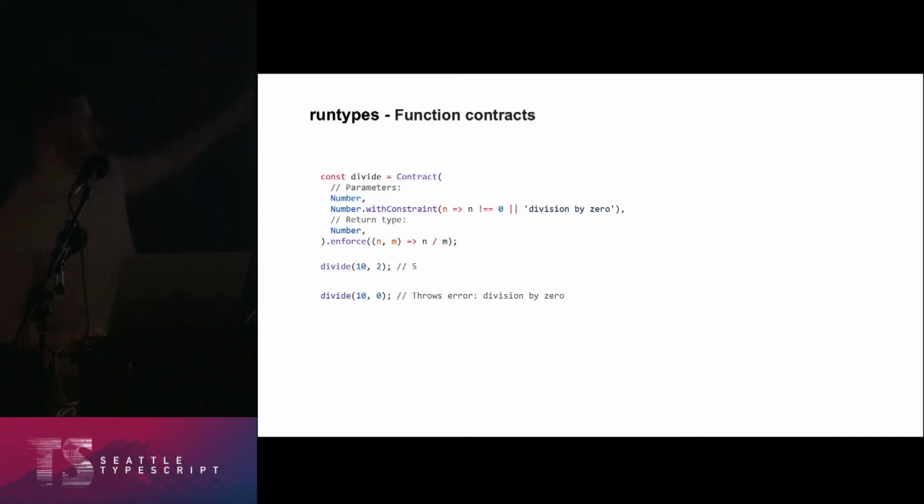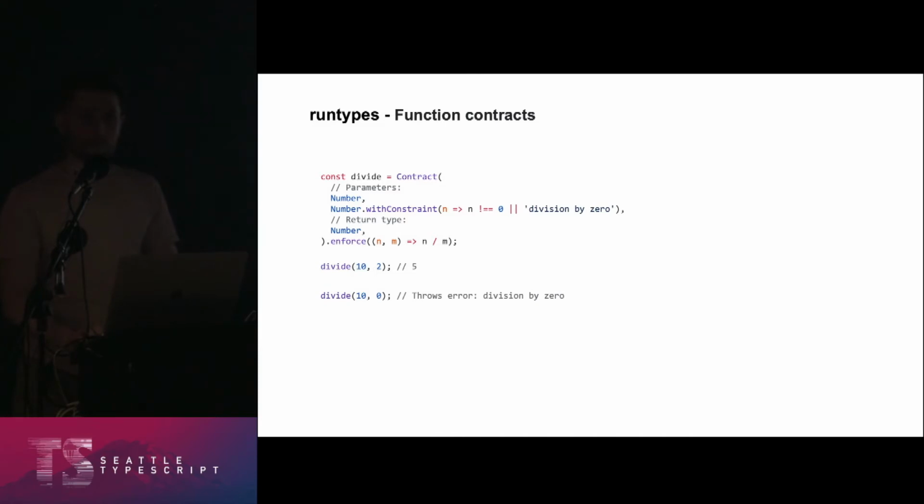So like the first two, these two parameters, and then the third one is the return type. So you're defining a contract on what you allow to go into that function. So it's going to throw the errors for you with a meaningful error message. Yeah, so it can really help as you're doing validation on forms or on API responses, things like that.